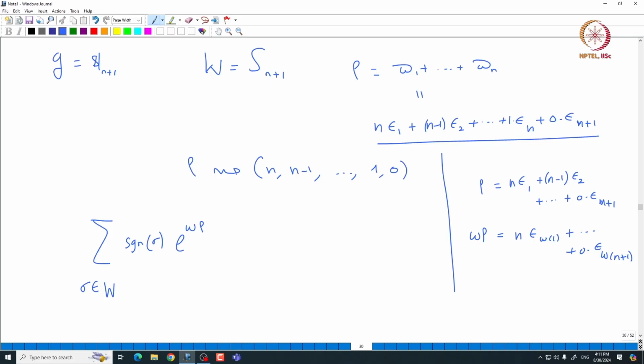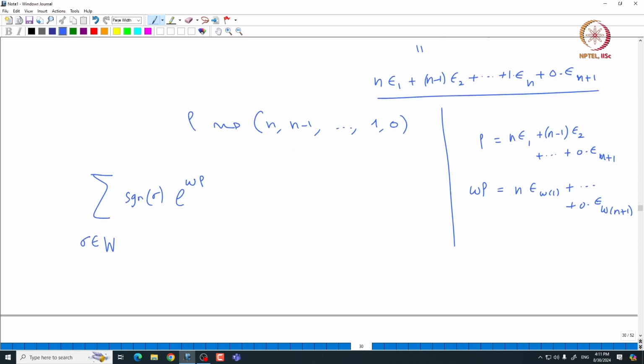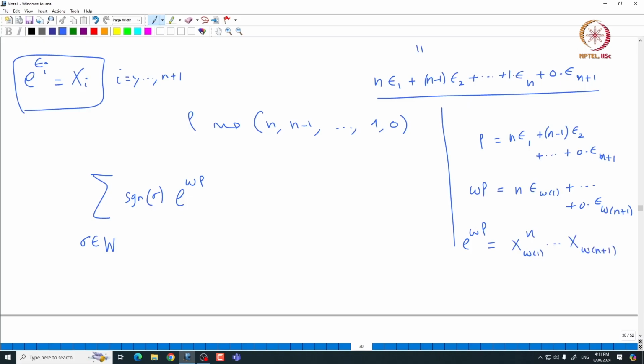Now, this exponential e power W rho, if you identify e power epsilon i with x i for i ranging from 1 to n plus 1, then e power W rho becomes exactly x W of 1 power n, etcetera, x W of n plus 1 power 0.